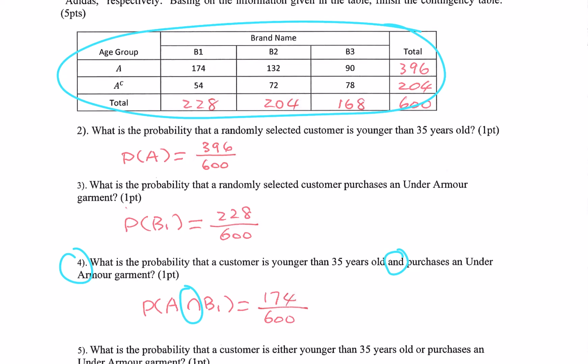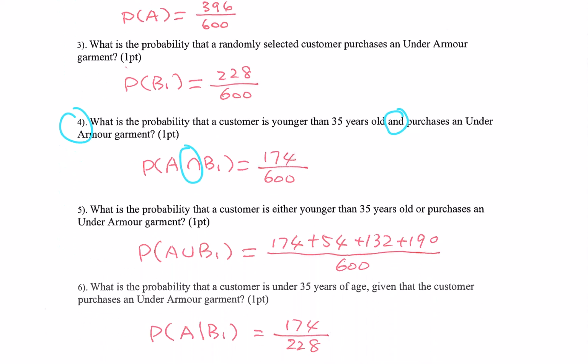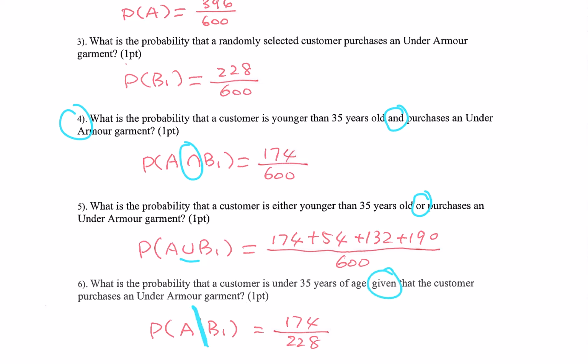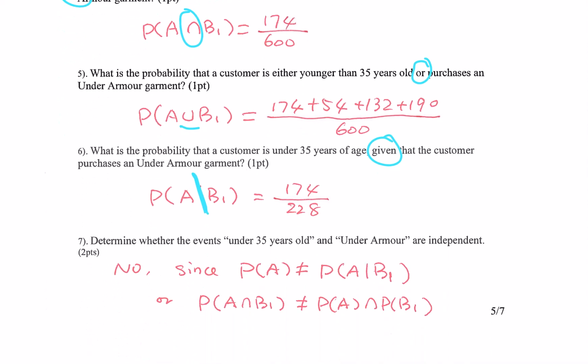And if you're talking about question number 5, part 5, so why do we use the union? Because this or is a clear indicator for union. And then given is a clear indicator for what? Conditional, okay? This vertical bar. And to tell whether these two events are independent or not, we could use this one, right?